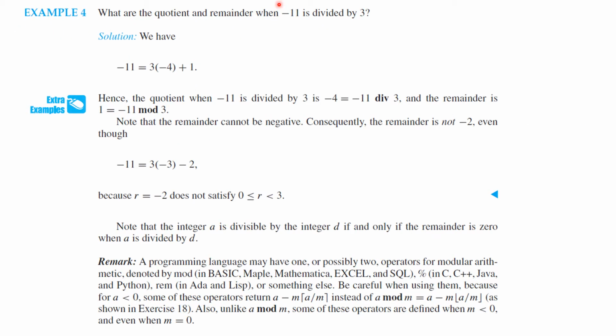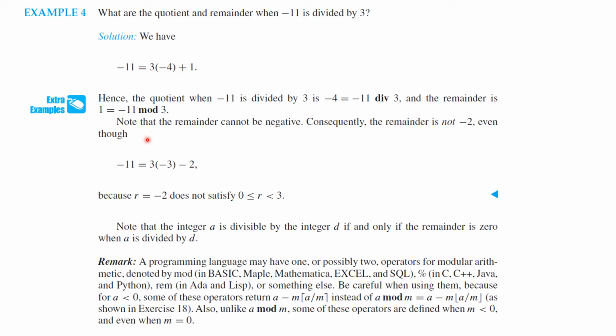Now example 4, we're saying what are the quotient and remainder when minus 11 is divided by 3? Now you want to be careful here and refer back to the definition. You see minus 11 is equal to 3 times minus 4 plus 1. Hence the quotient when minus 11 is divided by 3 is minus 4, which is equivalent to minus 11 div 3, and the remainder is 1.